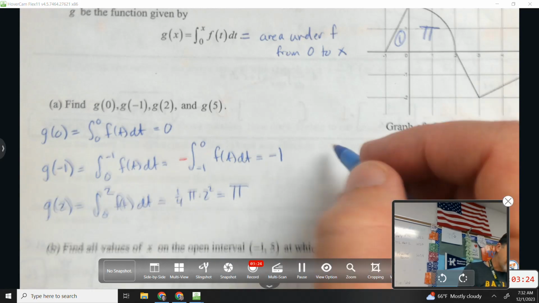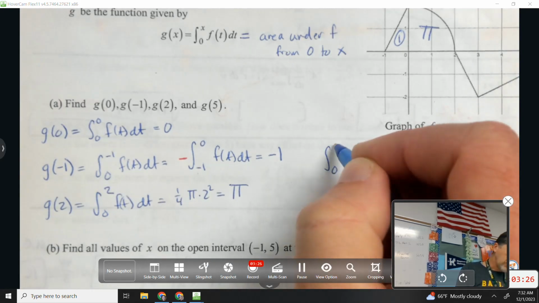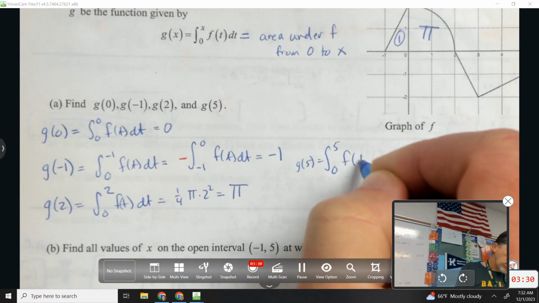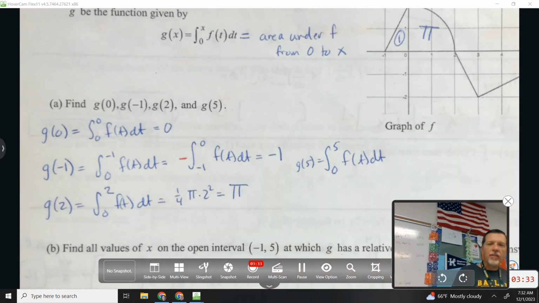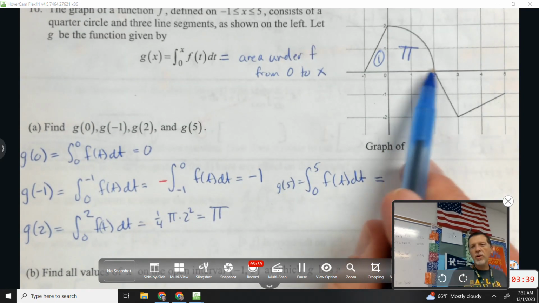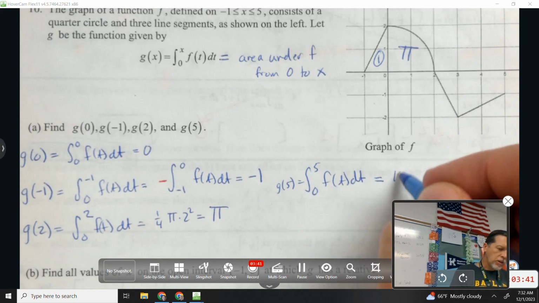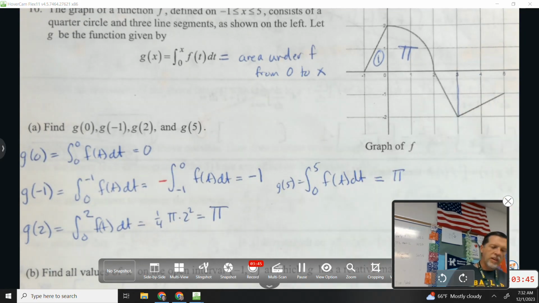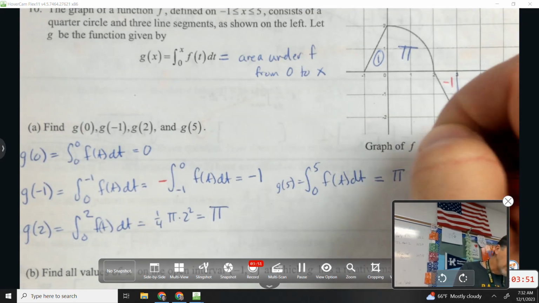And then lastly, the integral from 0 to 5. So that means the area from 0 to 5. And I've already got the first part of the area, from 0 to 2, the area is pi. And then the second part of the area, let's see, there's a triangle, that's a -1.